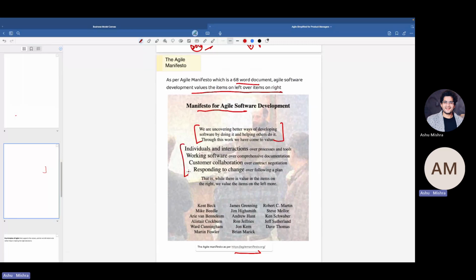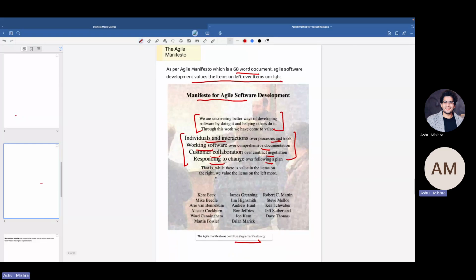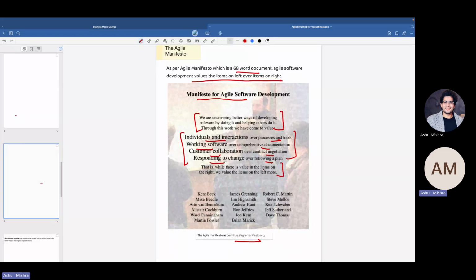Individuals and interactions over processes and tools, working software over comprehensive documentation, customer collaboration over contract negotiation, and last but not the least, responding to change over following a plan. That is, while there is value in the items on the right, we value the items on the left more.